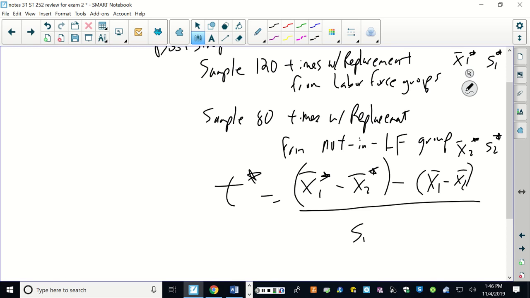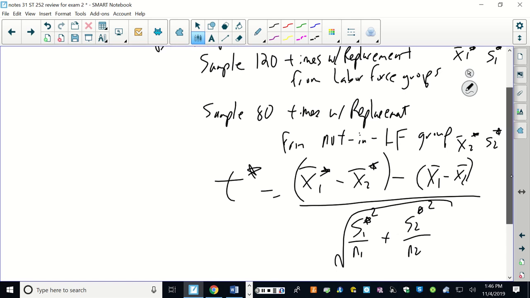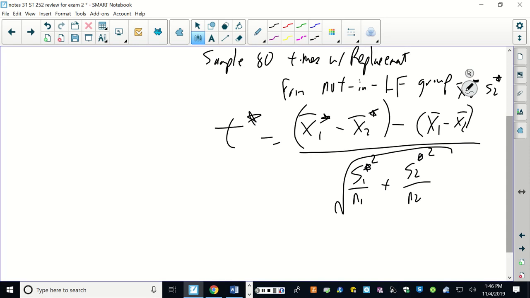So s1 star squared over n1 plus s2 star squared over n2, and square root of all that. And we're going to get a large number of t values. Do this many times, and we get 10,000 of these things.